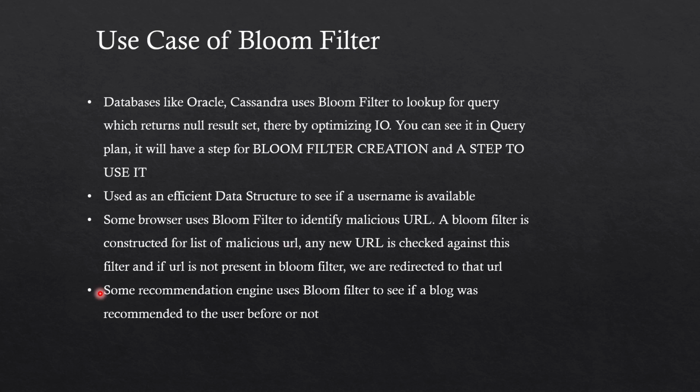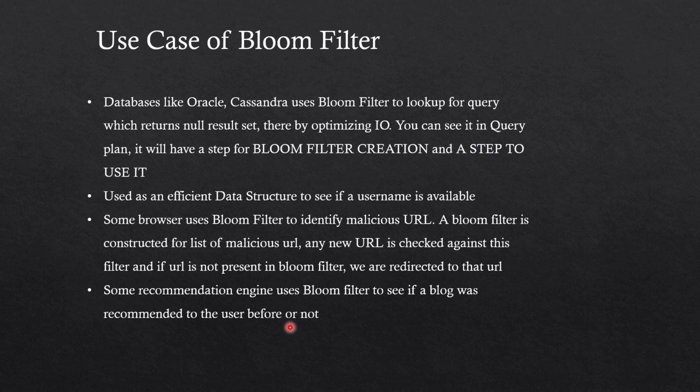Finally, the recommendation system also. If you are going to a blog like medium.com or blogspot.com, and something was already recommended to you, that can be set as part of the Bloom filter. The recommendation engine can check using that Bloom filter whether the blog was recommended to the user before or not.